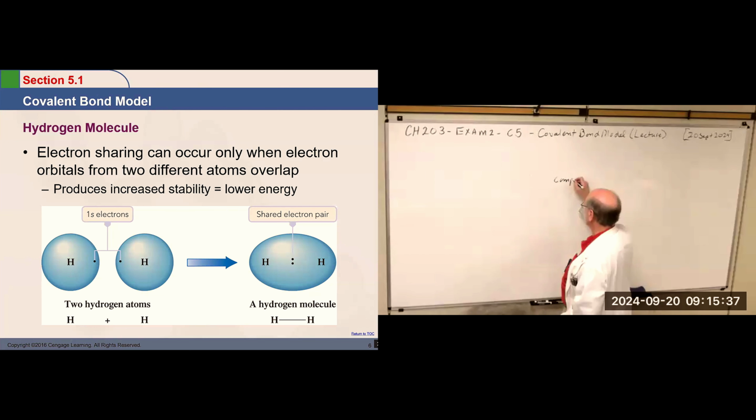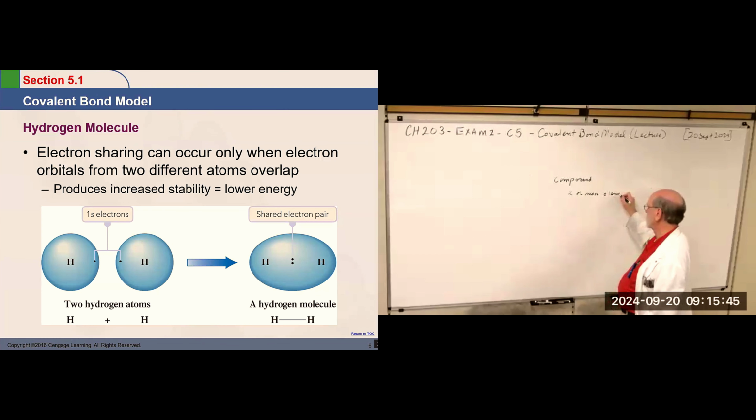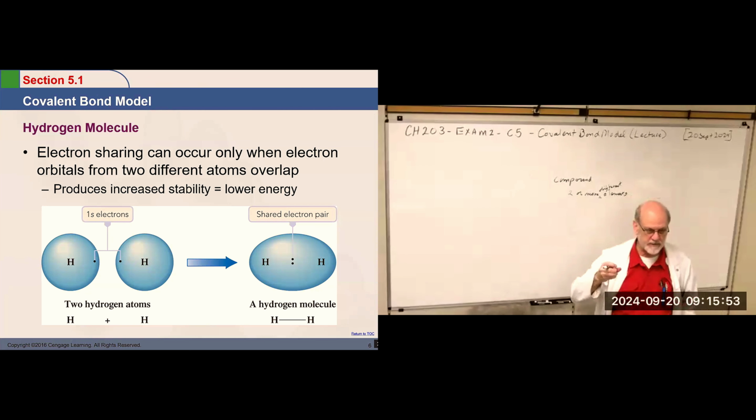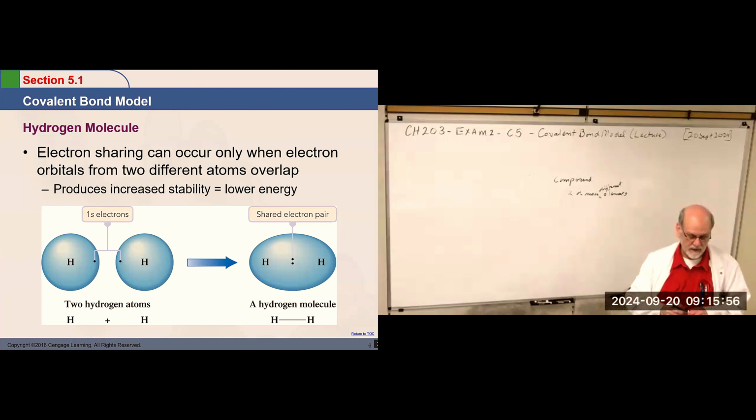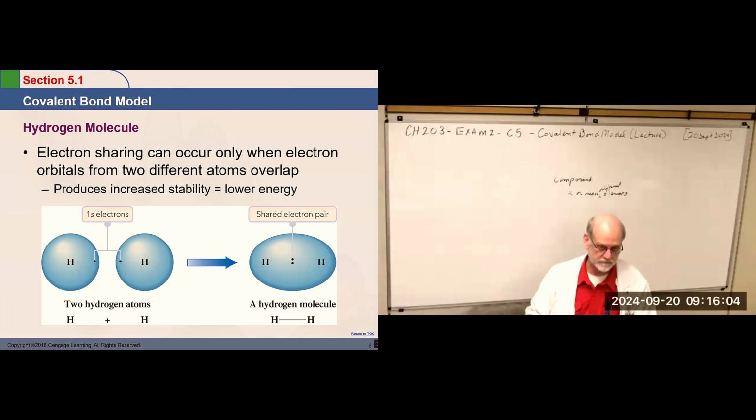Compounds of any kind must be two or more different elements. If you don't have two different elements, you don't have a compound. So we can have a molecule of hydrogen, but it's still an element because both the atoms are identical.